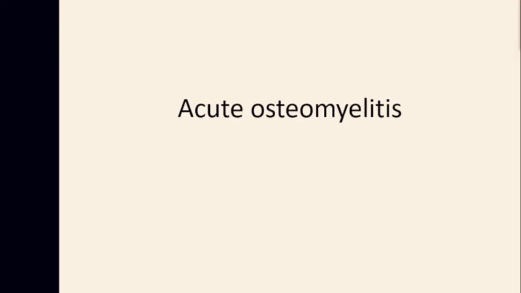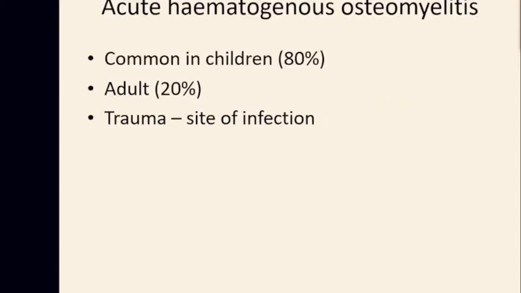So, talking about acute osteomyelitis, okay? When you say acute osteomyelitis, we usually understand that it occurs in children, okay? Because the mechanism in which it occurs in children and adults is quite different. In children, it is mostly the hematogenous route.